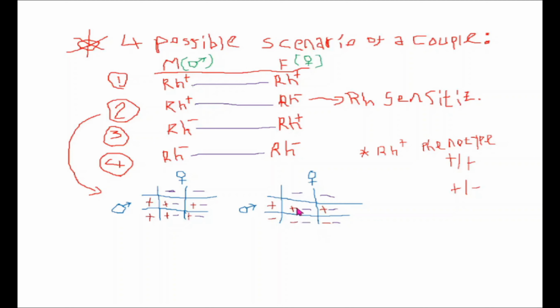As the conditions are random and the possibility is there that the first pregnancy may be minus minus, then there will be no problem. The second pregnancy also may be minus minus, there also no problem. If there will be 4 children or 10 children, there may not be problem if there will be occurrence of this process.